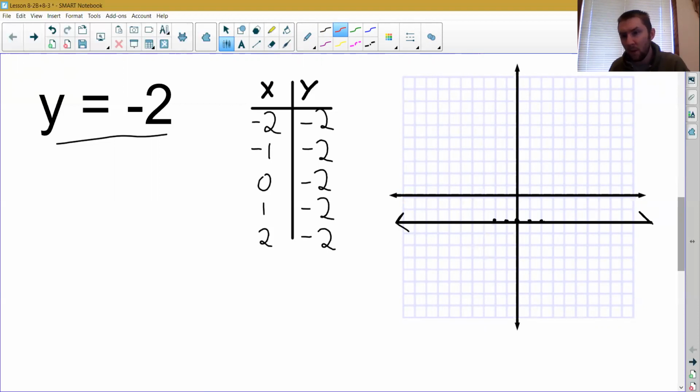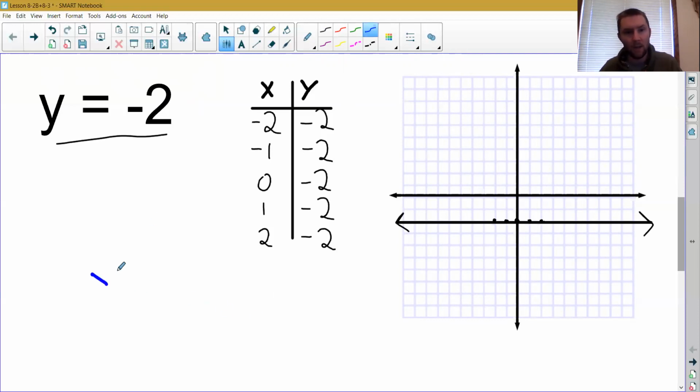So it's a perfectly horizontal line because the y value, the up and down value, never changes. It's always -2. So anytime you see an equation that says y equals a number, it's going to be a horizontal line at whatever that y value is, all right?